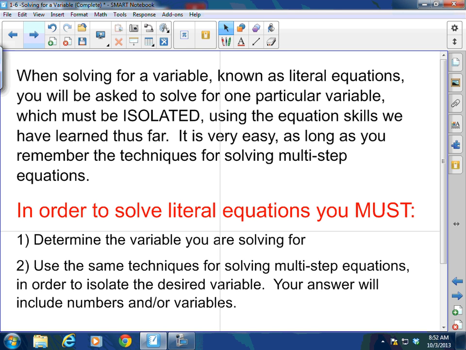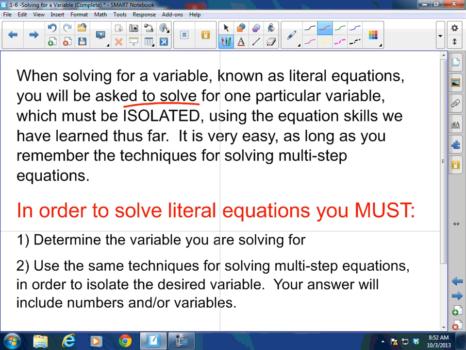Now, let's get to the fun part. When we are evaluating formulas, that's nice and easy. But this gets a little bit more complicated. It's still easy, but you've got to really focus and pay attention here. When solving for a variable, known as literal equations, you will be asked to solve for one particular variable, which must be isolated.